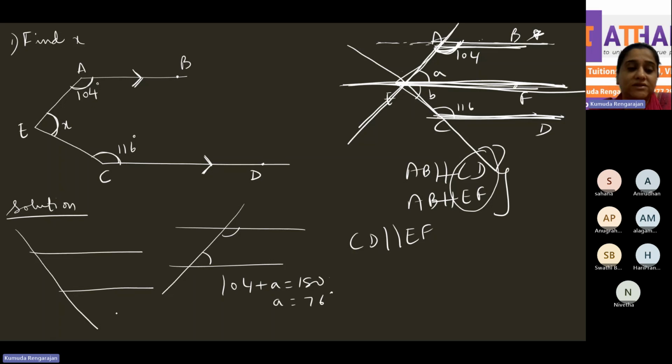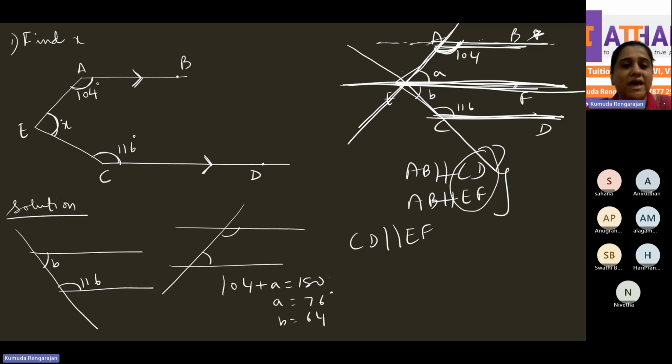Again, this angle and this angle are allied angles, so they are supplementary. This one is 116 degrees. I've marked this as B. So 116 plus B is equal to 180, so B is equal to 64 degrees.